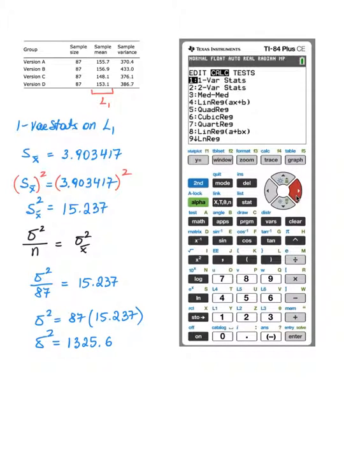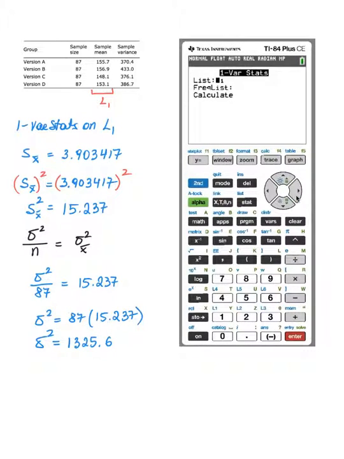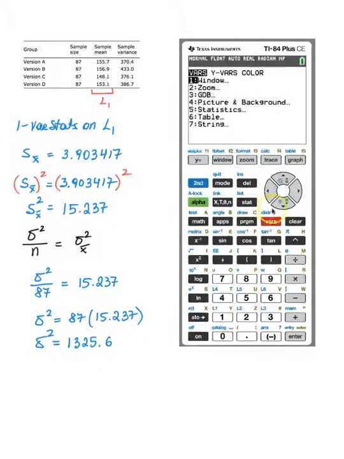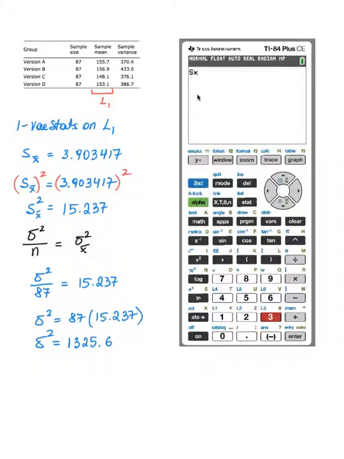Now I use one variable stats, apply it to the first list, and it will produce a lot of useful information about those numbers, but one number that I really want is the sample standard deviation. To make it easy for me to square this number, press VARS, choose option 5 for statistics, and choose the number you want. I want to work with the sample standard deviation Sx. I need to square it, so just tell your calculator to square it, and here it is.